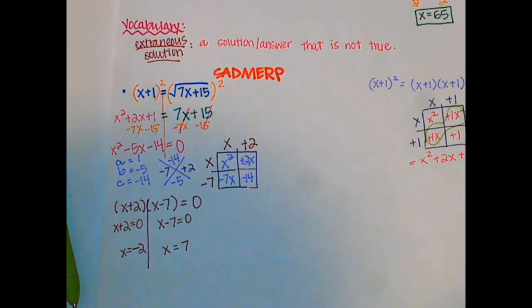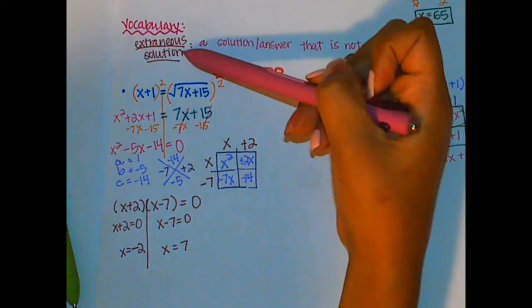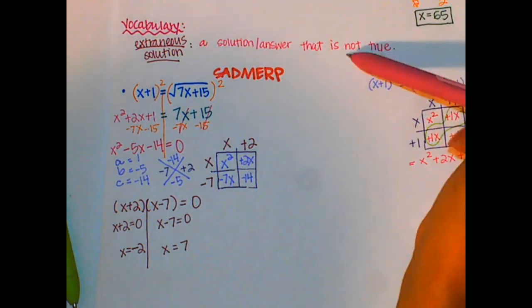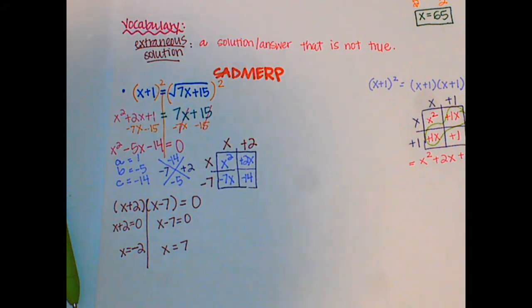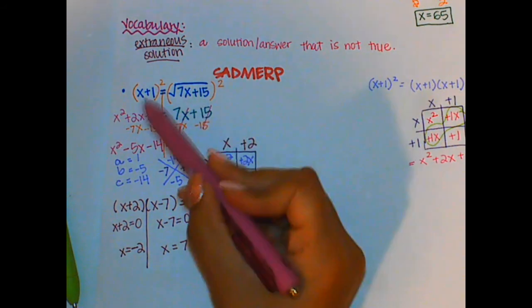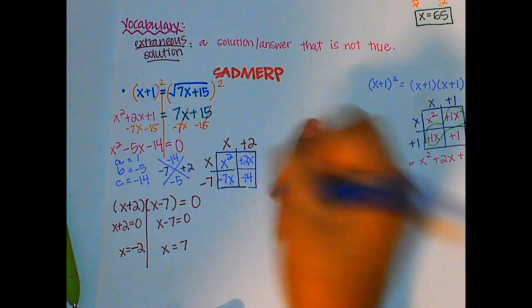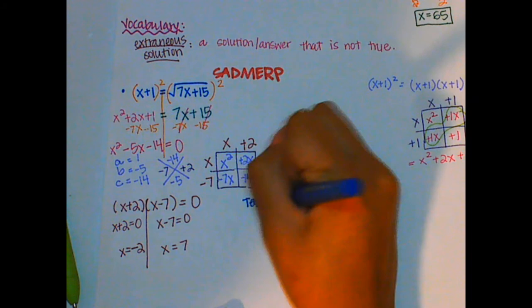Now, from what we have seen in chapter 3, we would say that these two are my solutions. But we have to think back to our extraneous solutions, which means that we have an answer that might not be true. In order to know whether it's a true answer or not, I have to plug it back into my original equation. So I need to test my solutions.